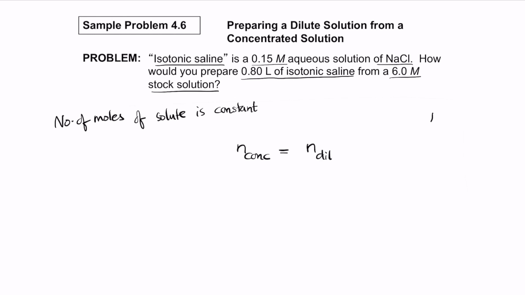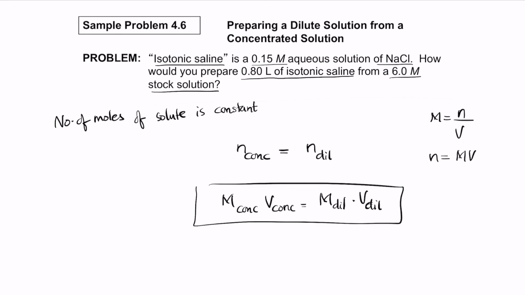We know that molarity is number of moles by volume, so the number of moles is molarity times volume. So molarity of concentrated solution times volume of the concentrated solution is equal to the molarity of dilute solution times volume of the dilute solution. Remember this formula. This is the formula for changing dilute into concentrated or concentrated into dilute.